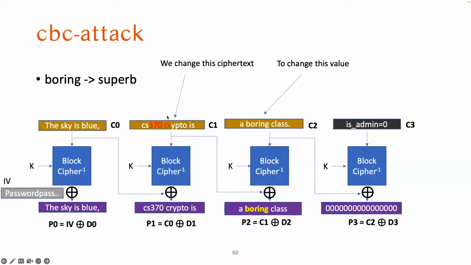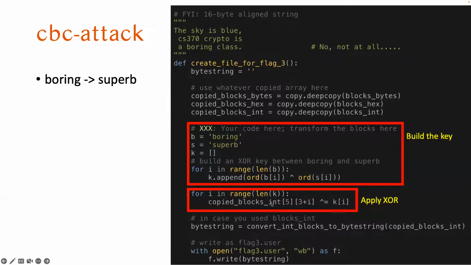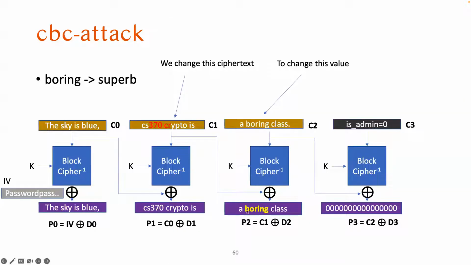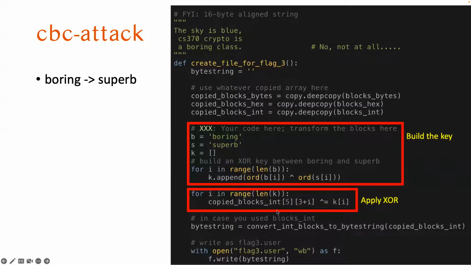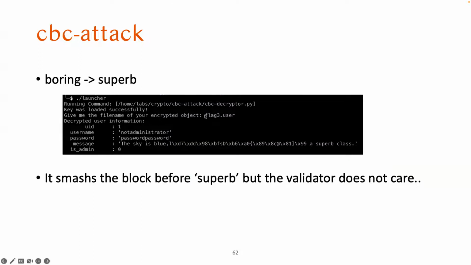And then from index 3, because the characters start after a space, it starts from index 3. The result is that you can change boring to superb, but you will screw up the block prior to that, because you need to play with the ciphertext.